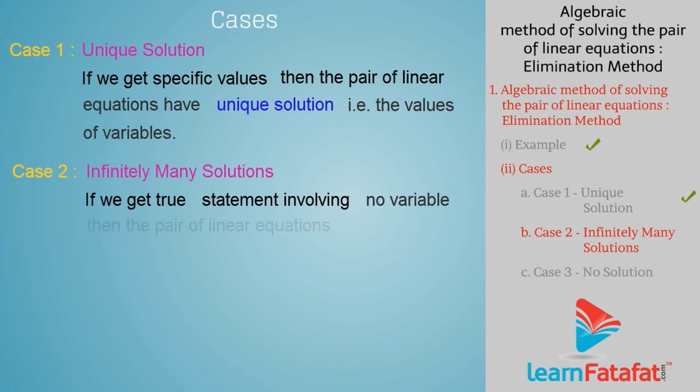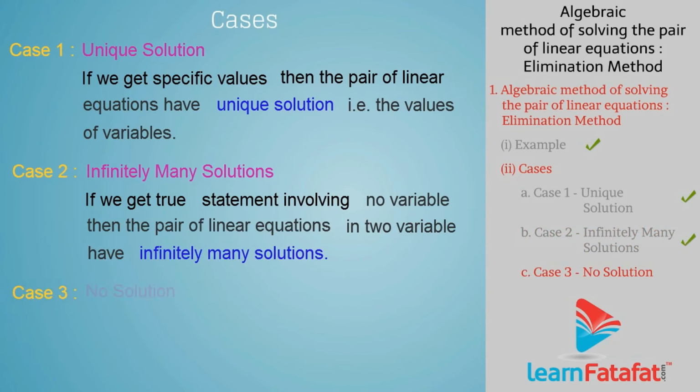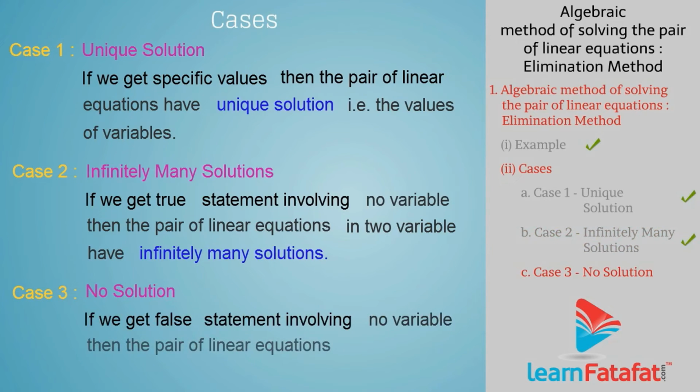If we get a true statement involving no variable, then the pair of linear equations in two variables has infinitely many solutions. Case 3. No solution. If we get a false statement involving no variable, then the pair of linear equations in two variables has no solution.